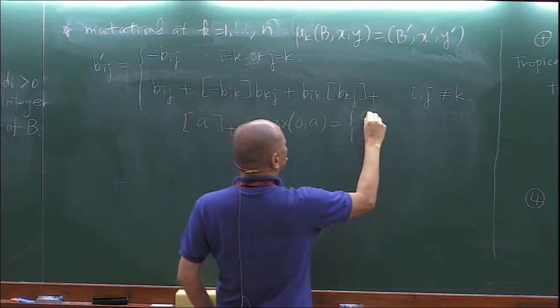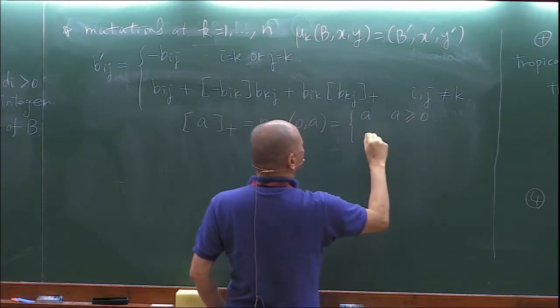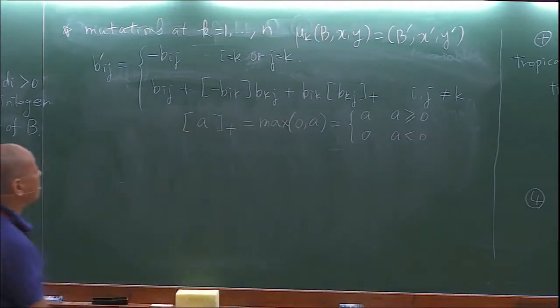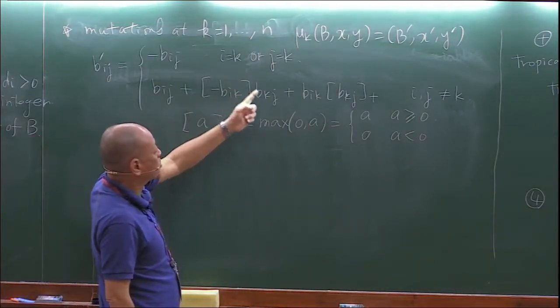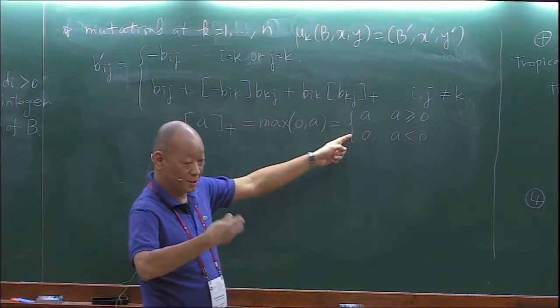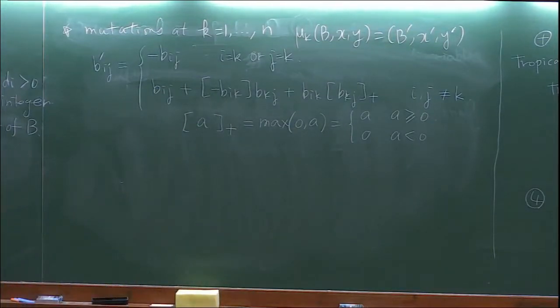More simply, if it is positive or 0, it stays; but if it is negative, it is 0. So you cut off the negative part. This is a so-called piecewise linear operation, where tropicalization gets into the business in cluster algebra.